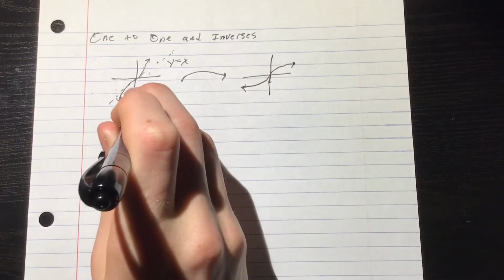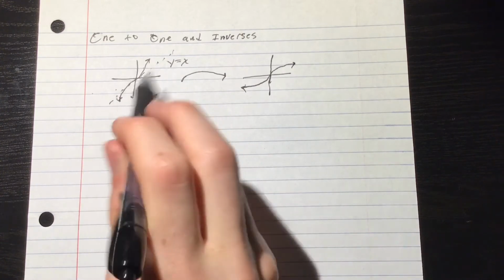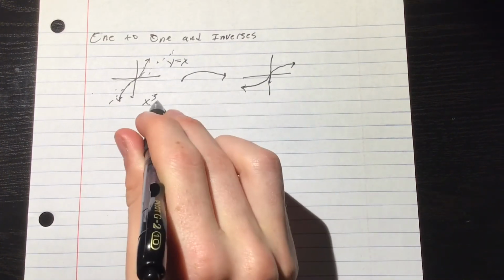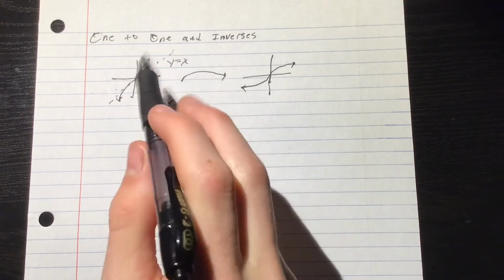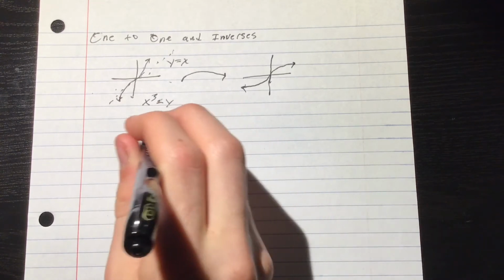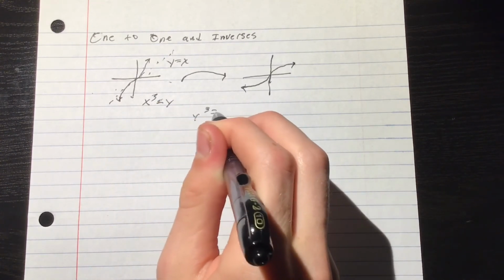So if this is x cubed, how do I get to this? Instead of just taking my word for it, how do I get to this by actually solving? Good question. So x cubed equals y. If I literally switch x and y around, so now instead of x cubed equals y, I have y cubed equals x.